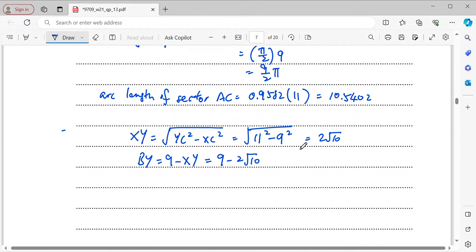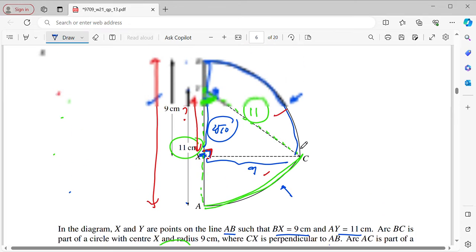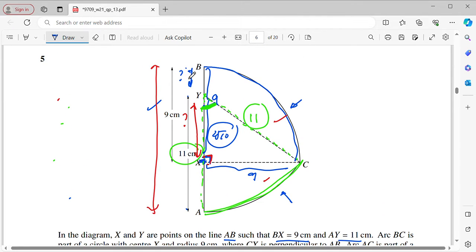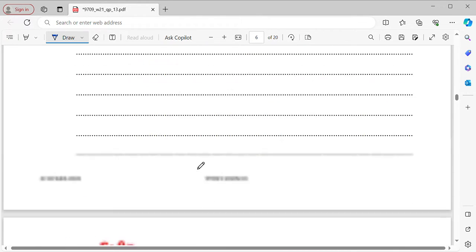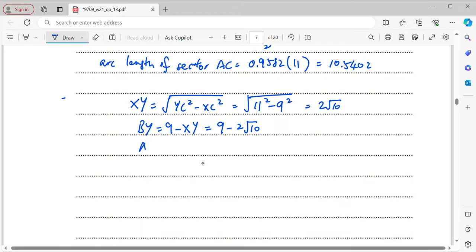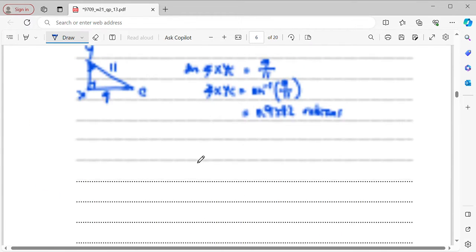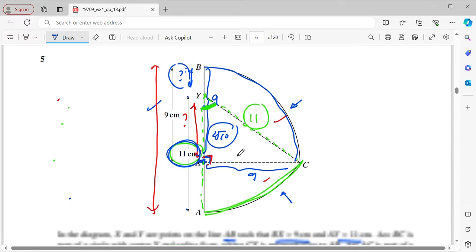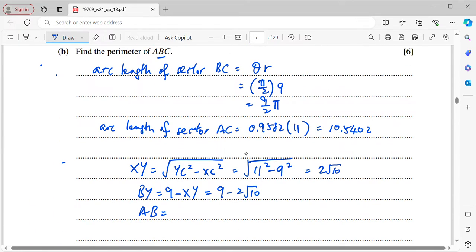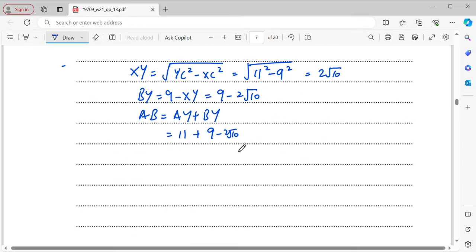Then now my AB is AY plus BY, which is 11 plus 9 minus 2 square root 10. Then you will be getting 20 minus 2 square root 10.